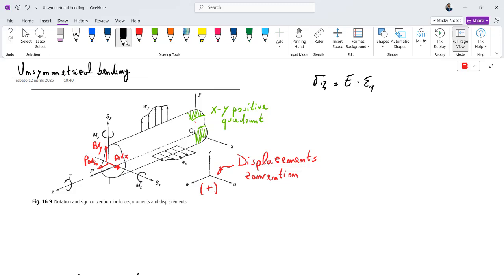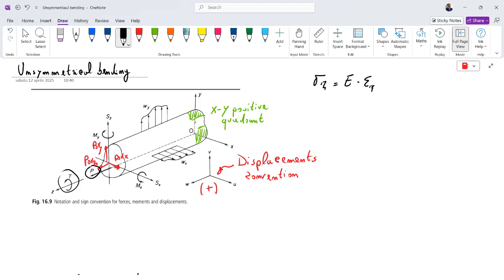You can see on this picture 60.9 taken from the Megson book the forces. P is the lumped force that acts on the beam. In this case it is the normal force acting on this portion of beam. T instead is the torque acting on the beam.